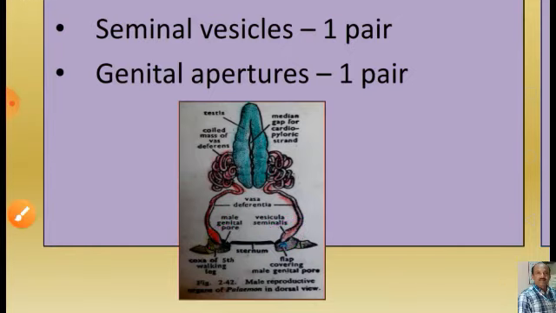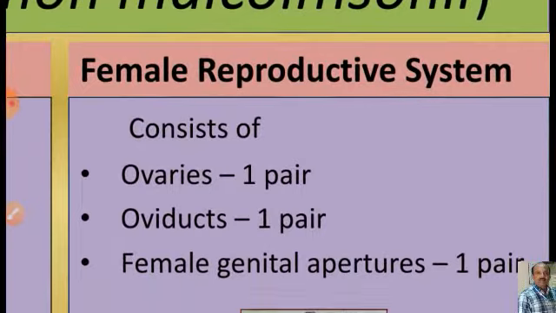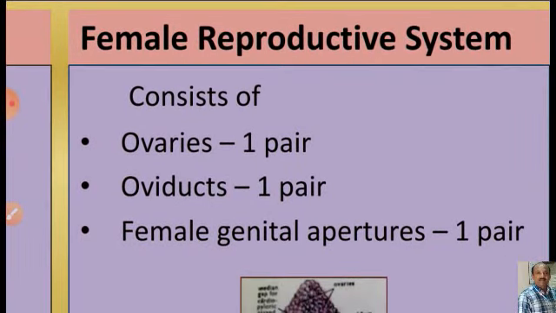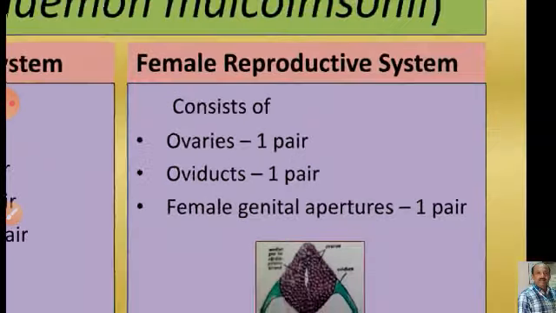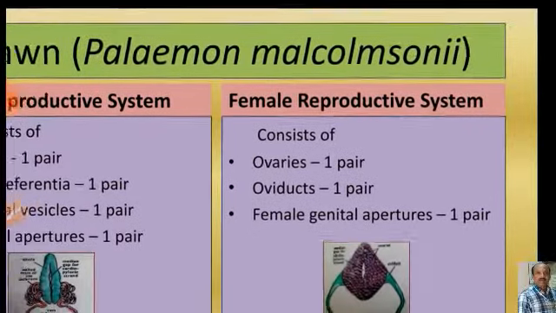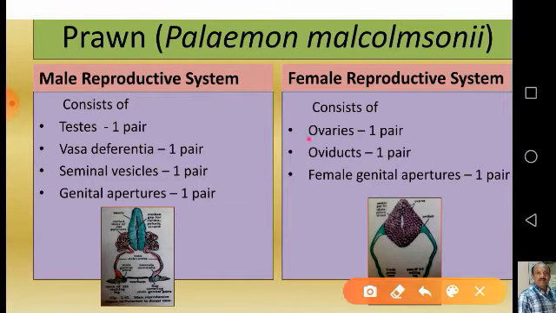Now coming to the female reproductive system. Like the male reproductive system, it also consists of gonads, which in the female are called ovaries. So in the male reproductive system the gonads are called testes, whereas in the female reproductive system the gonads are called ovaries.